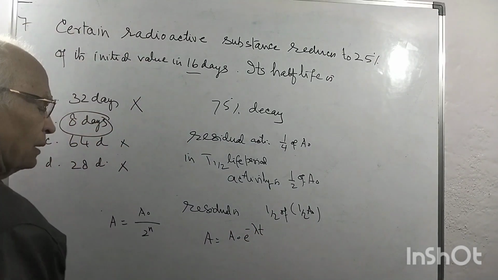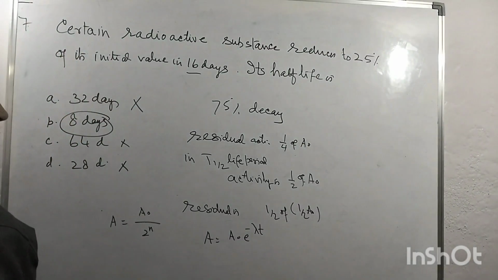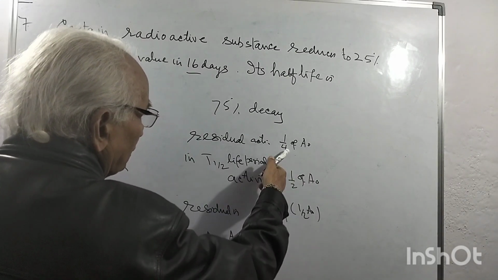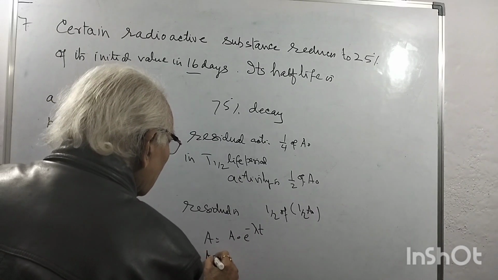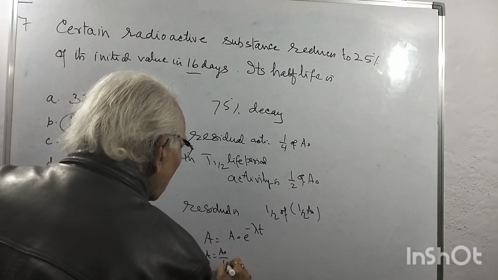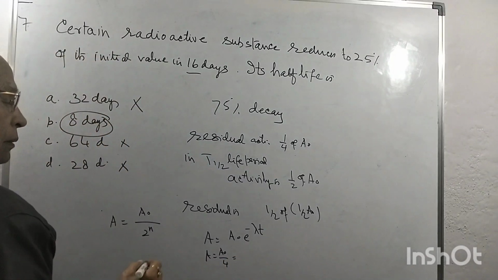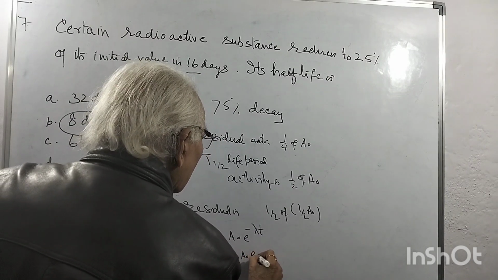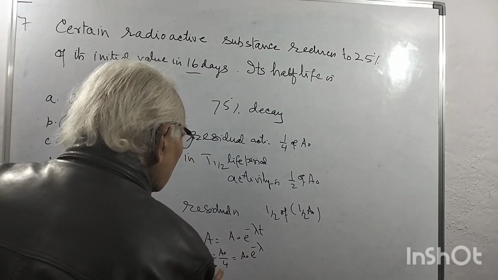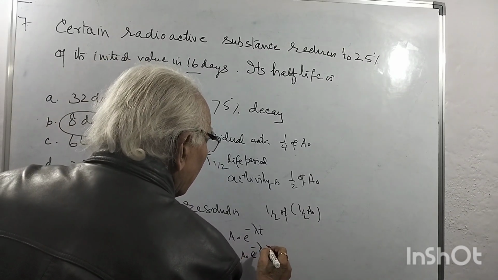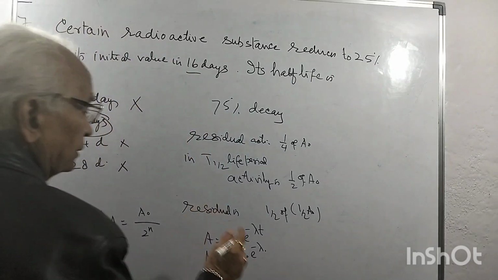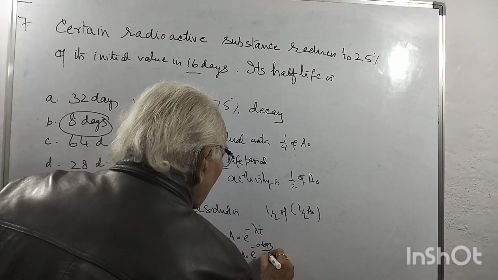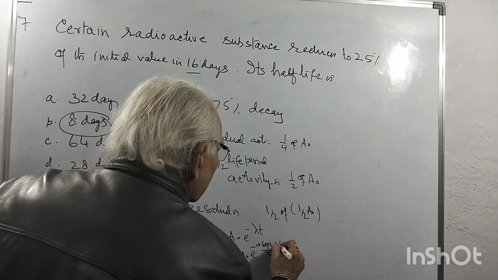Here A is A naught by 4, that is remaining, and that is A naught e to the power minus lambda t. t is 16 days, and lambda is 0.693 over half-life.